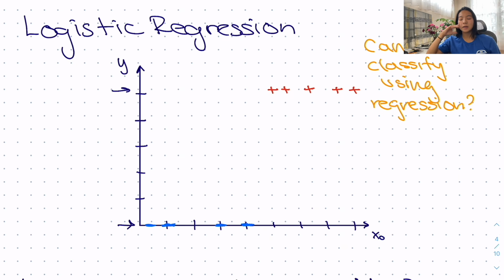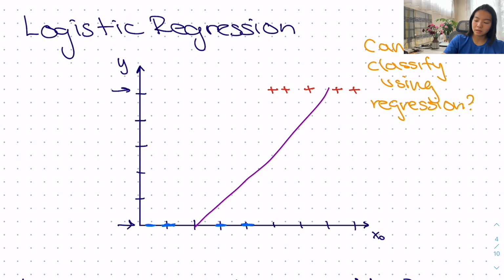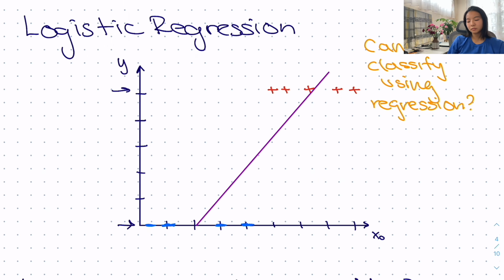Many of you guys are familiar with regression, so let's start there. If I were to draw a regression line through this, it might look something like this. Well, this doesn't seem to be a very good model. Why would we use this specific line to predict y? It's iffy.